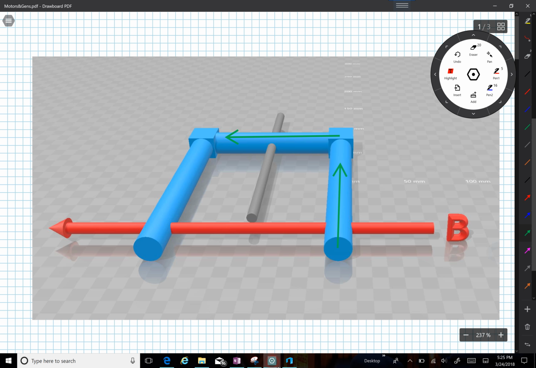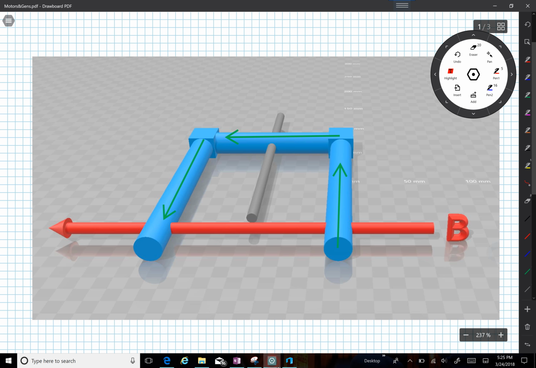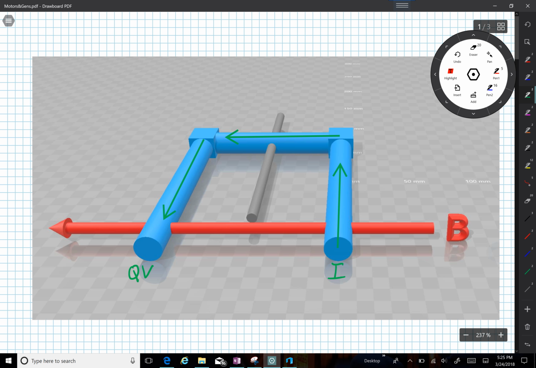Current's going to flow around. And so all of that is current. So that's I. And as we just said before, that's also QV. So over here I'm going to say QV.